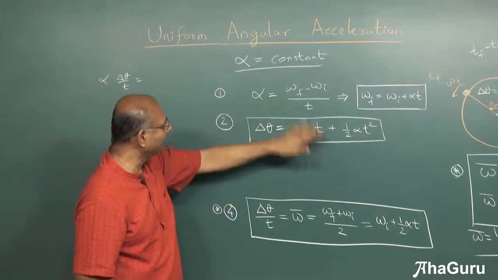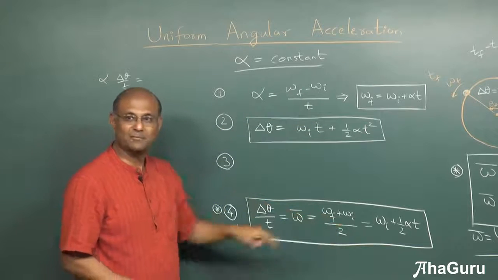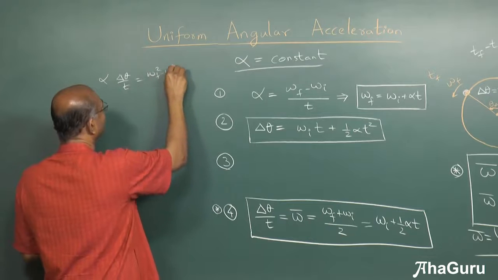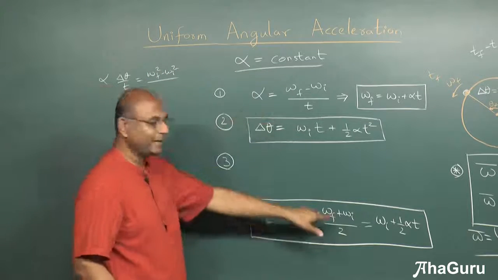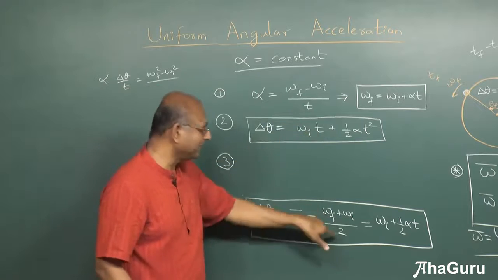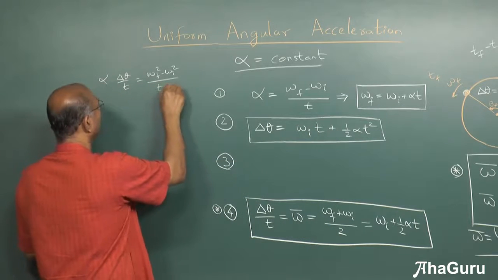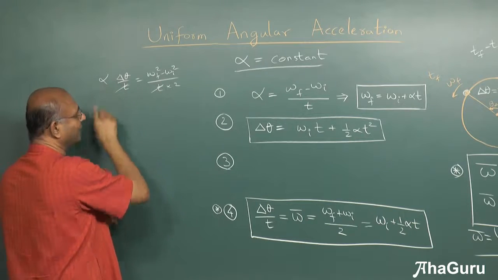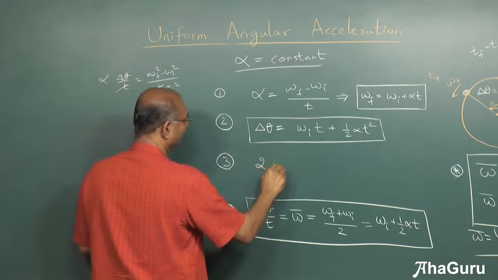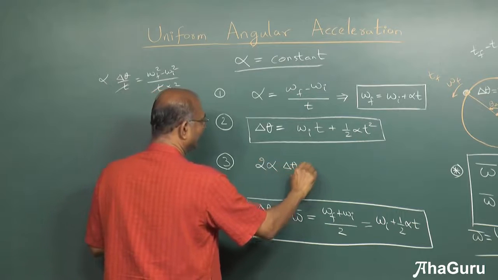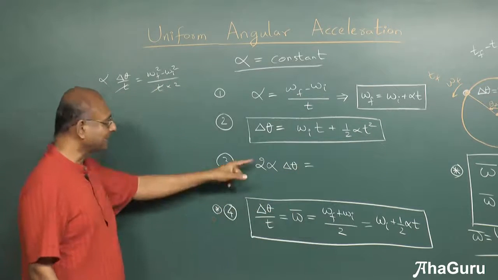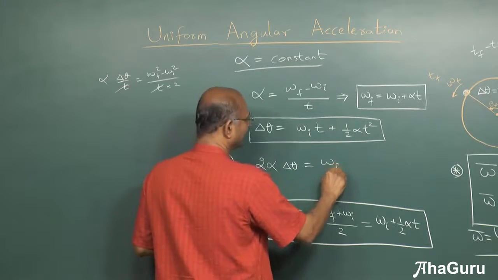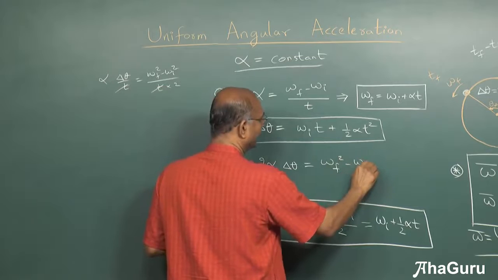And on that side, when I multiply omega final minus omega initial with omega final plus omega initial, I get omega final square minus omega initial square, right? A minus b into a plus b. And then below you have t and 2, so you can cancel the t out and bring it here. So you get 2 alpha into delta theta. 2 times acceleration into displacement is equal to omega final square minus omega initial square.